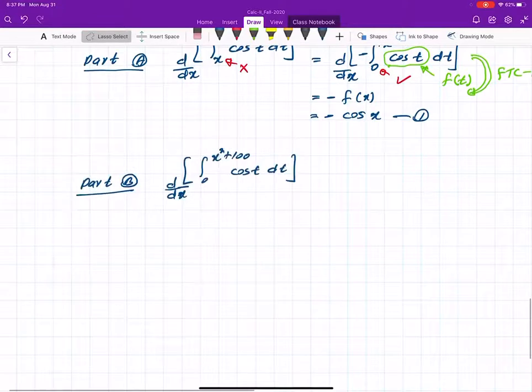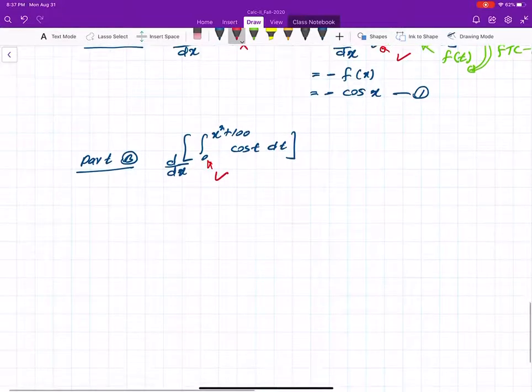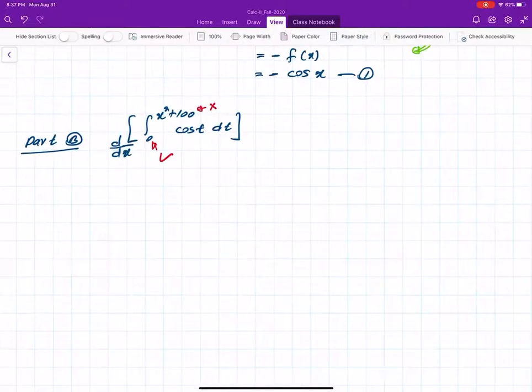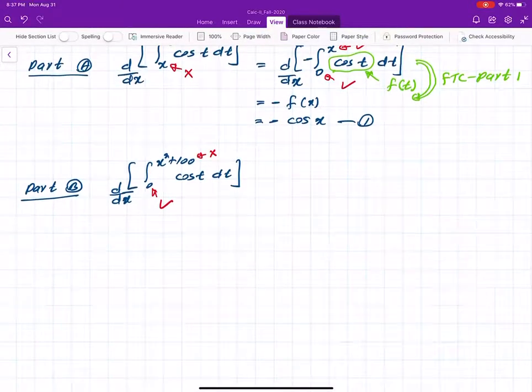Alright. Now check the limits. Lower limit is fine. Upper limit is still a problem. Upper limit is supposed to be x. Okay. Now what should we do?